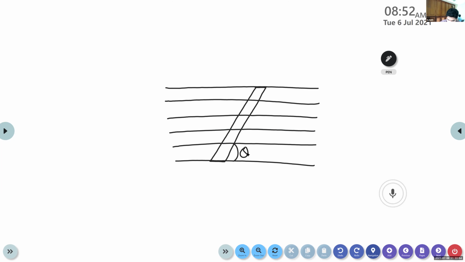Since it is inclined at an angle theta, the length component of this rectangular loop can be resolved into two components.